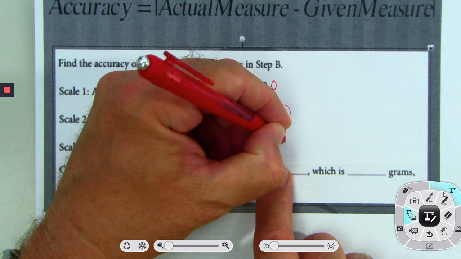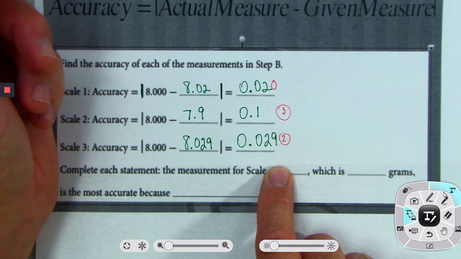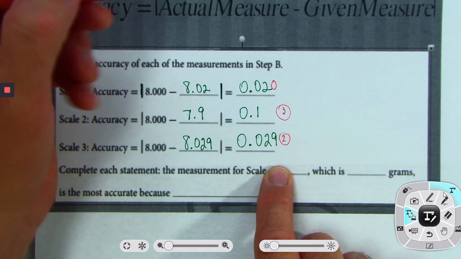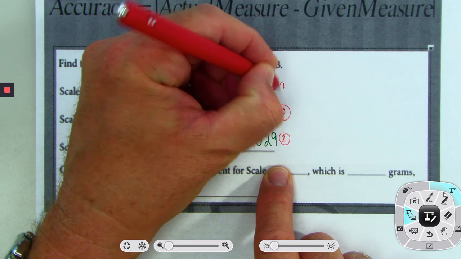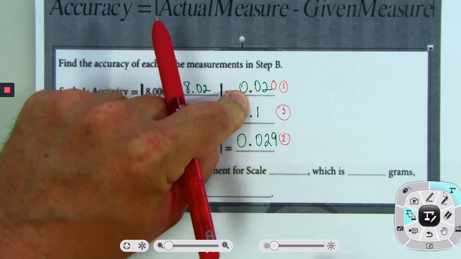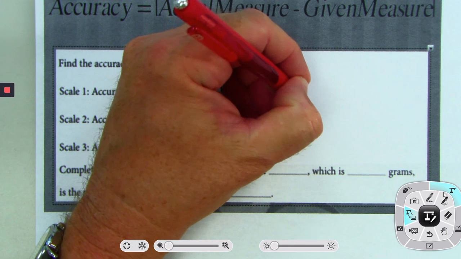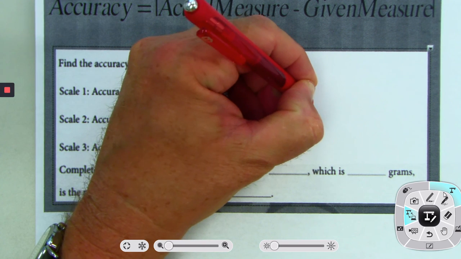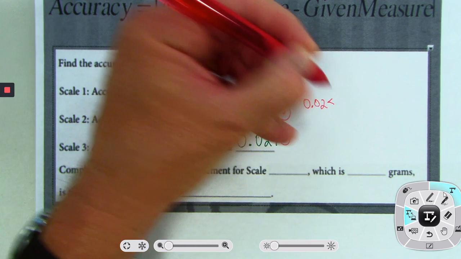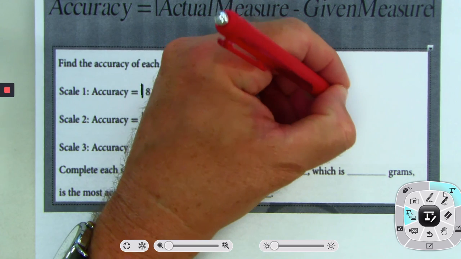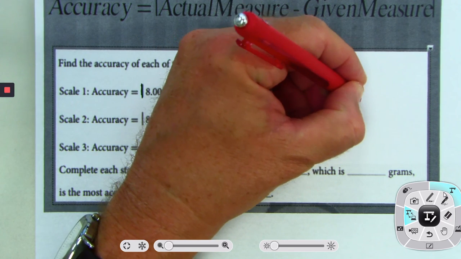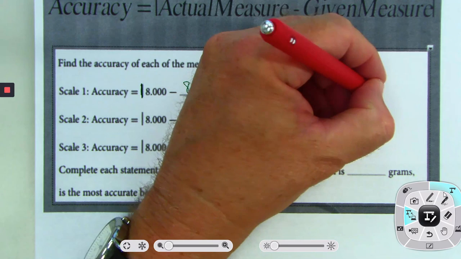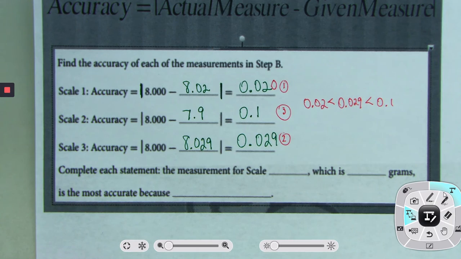So my second largest is 0.029, and my smallest one is this. If I wrote those in order from least to greatest, I would write 0.02 is less than 0.029, which is less than 0.1. So that's an order from smallest to largest.